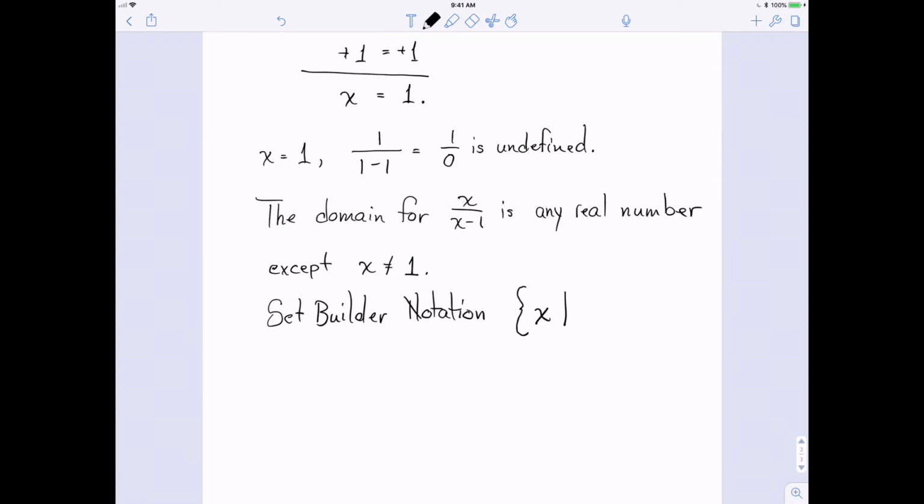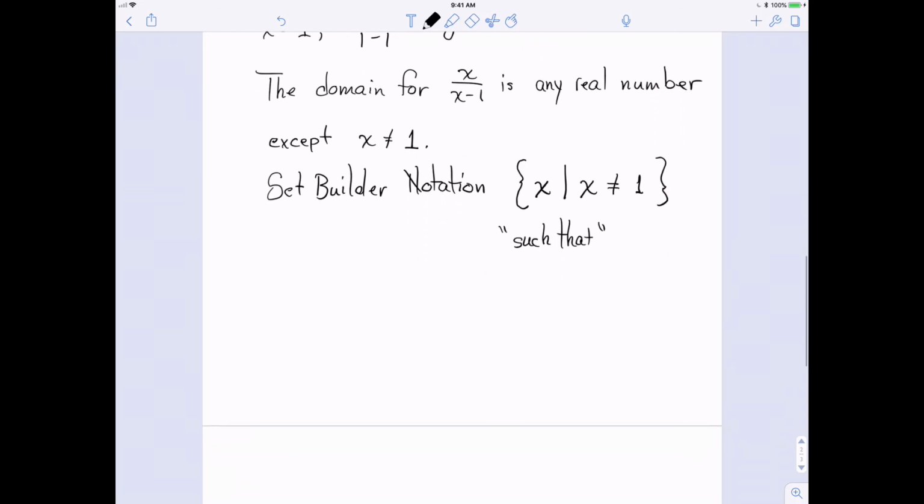Then you write this vertical line, which is read as "such that" x is not 1. And that's how you could write the domain for the rational expression of x divided by x minus 1.